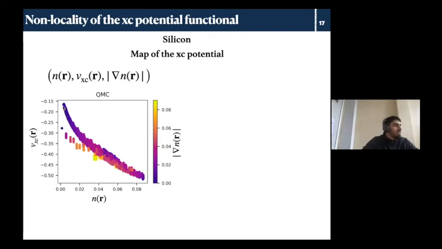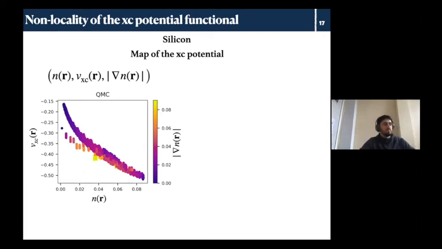If you see here, for example, these points have the same density but a different gradient. Maybe this is the reason why they don't belong to the same branch.